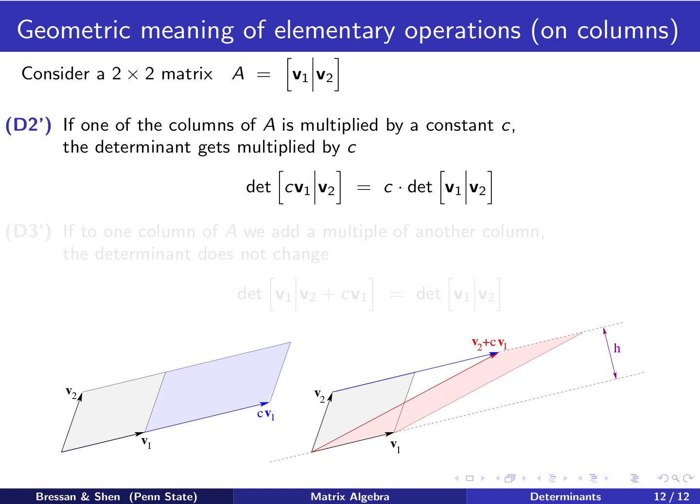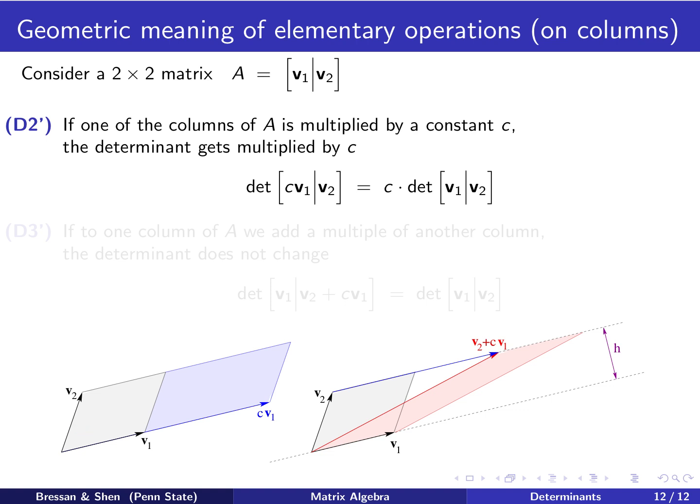We know that if one of the columns of the A matrix is multiplied by a constant C, the determinant will be multiplied by C as well. So geometrically, what does it mean? You have V1 and V2 here, and you can form a parallelogram like this, and this area will be the determinant of A, assuming the orientation gives a positive determinant as drawn here.